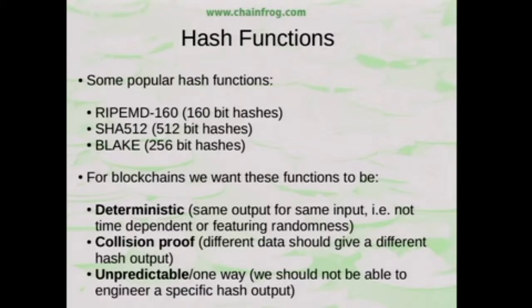If you have different data, you want the hash function to return a different output for those two different lots of data. You don't want different inputs to give the same output. And finally, for blockchains, you want the output to be unpredictable. You don't want to be able to manipulate your data slightly in order to get exactly the output you want. They've got to be a kind of pseudo-random number generator, in a way.